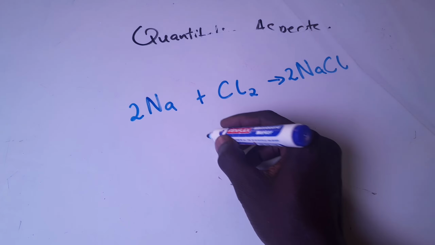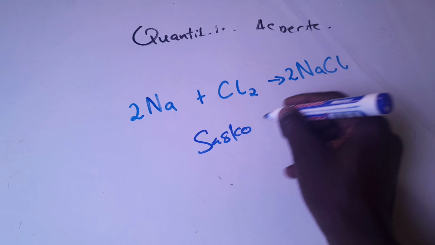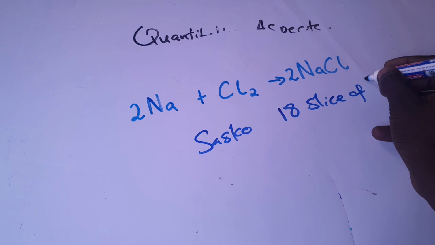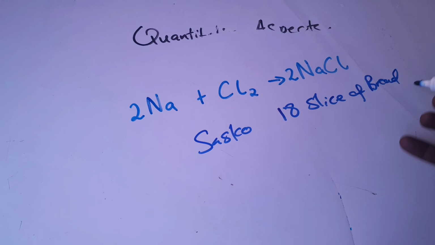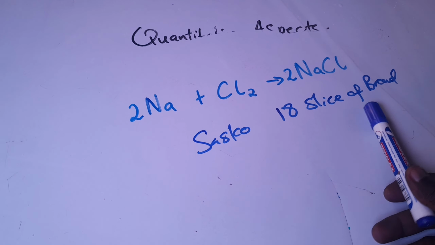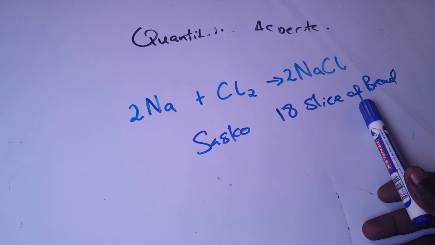Okay, in that Sasco bread there are 18 slices of bread, right? So let's say I'm going to eat this bread with cheese, right? I'm going to take 2 slices of bread and put only 1 cheese inside.